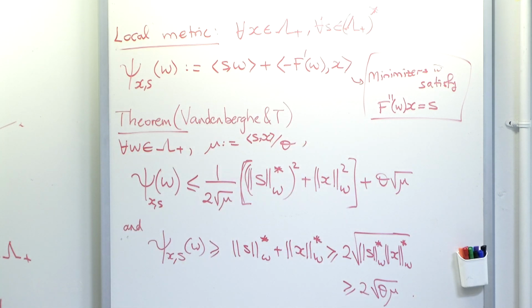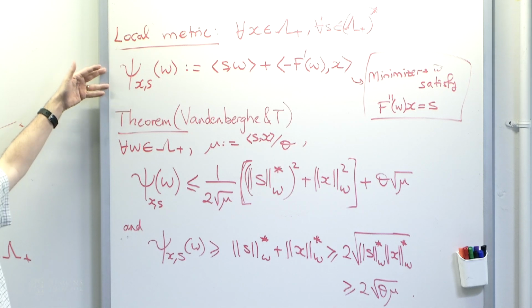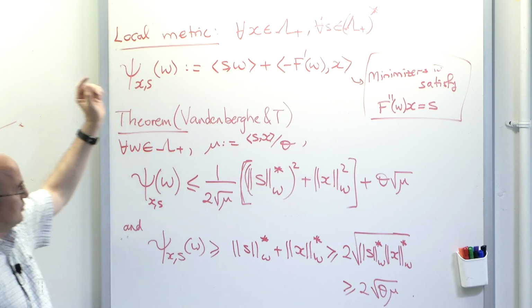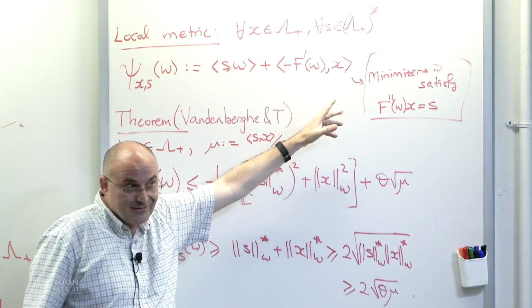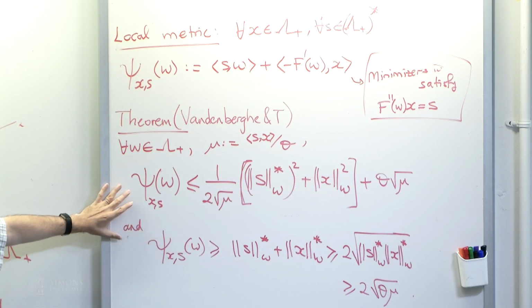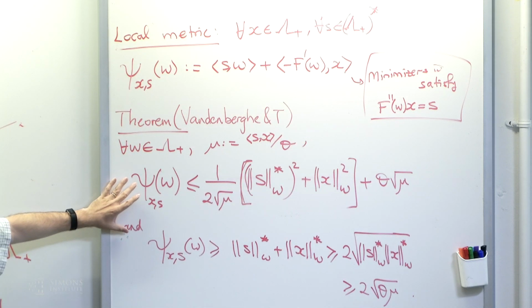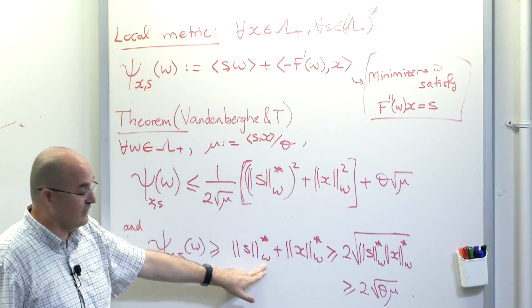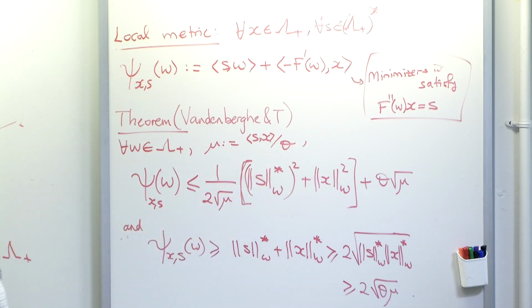So it gives you a beautiful result that relates this variational approach that determines the best local metric to things in terms of the local norm defined by the Hessian at W. And you see that they are similar animals, and under some conditions they are tight, under other conditions they are not. But it just gives you a flavor of how this goes.